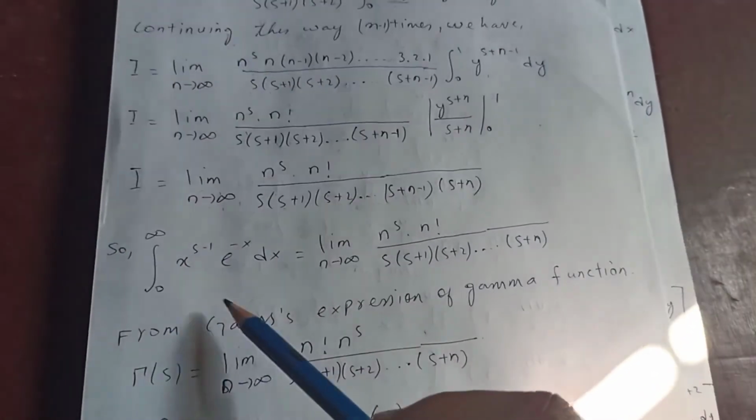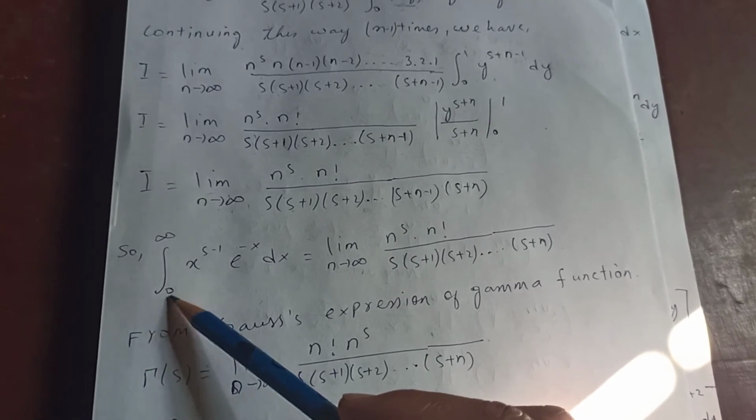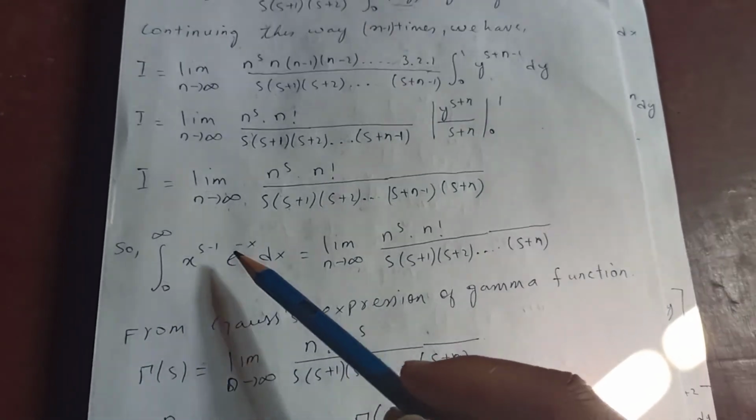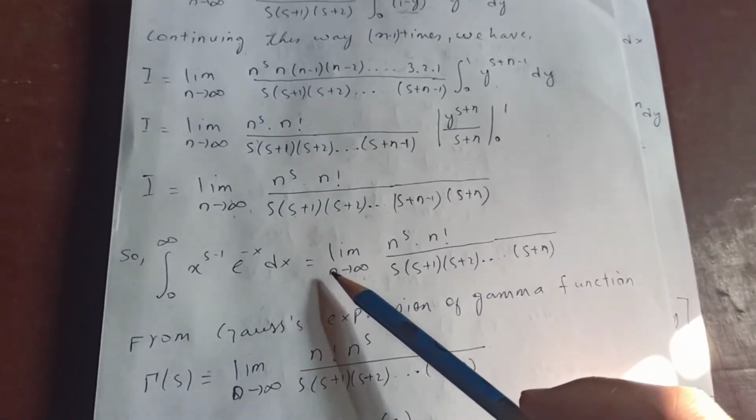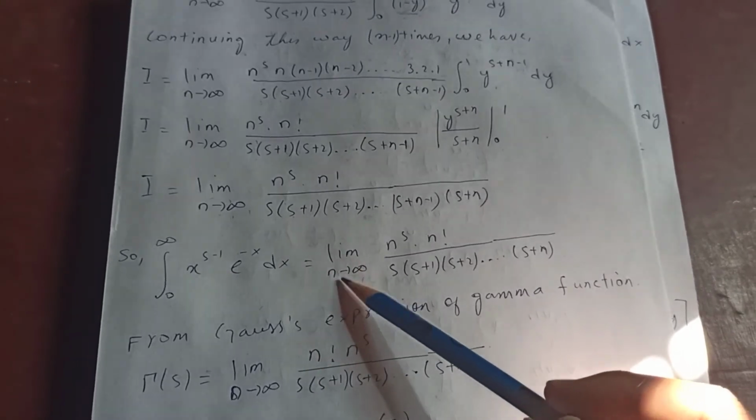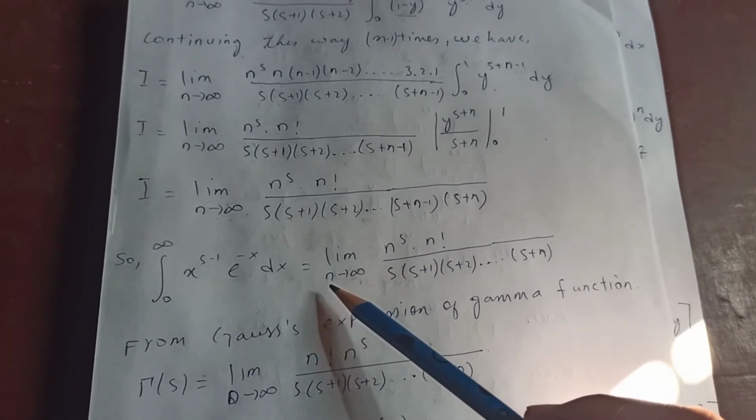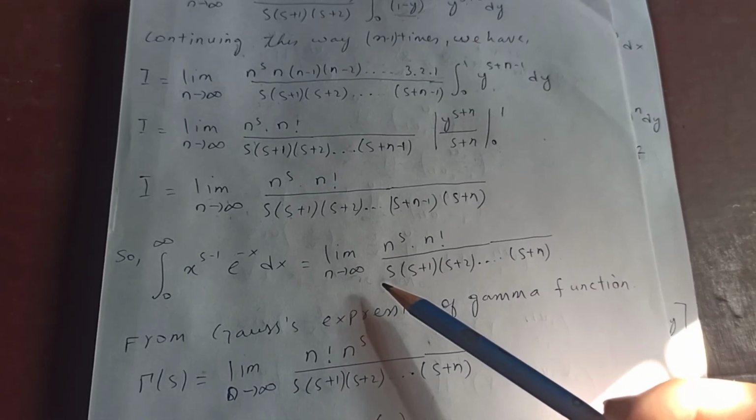So our integral from 0 to infinity, x to the s minus 1 e to the negative x dx is nothing but limit n tends to infinity, n to the s, n factorial by s, s plus 1, s plus 2, and so on up to s plus n.